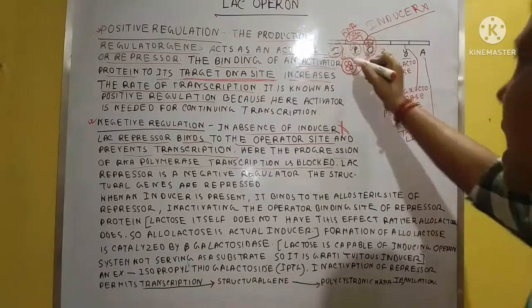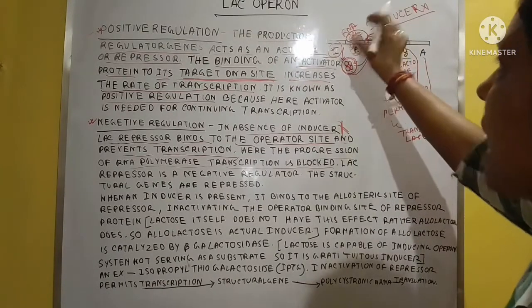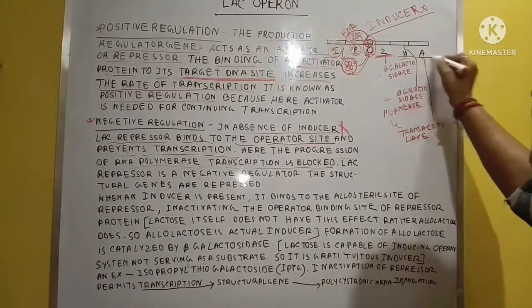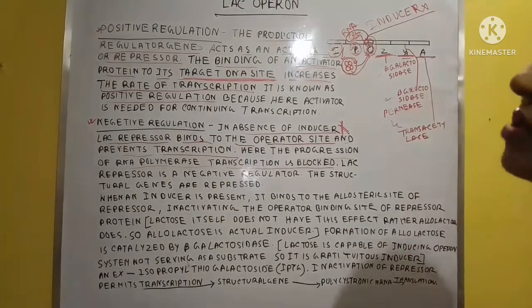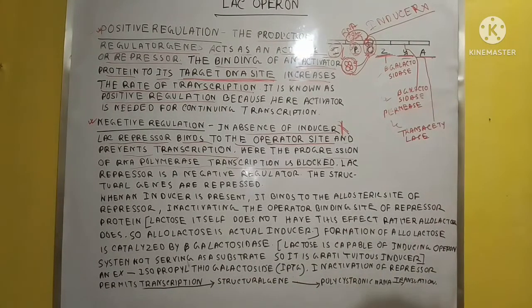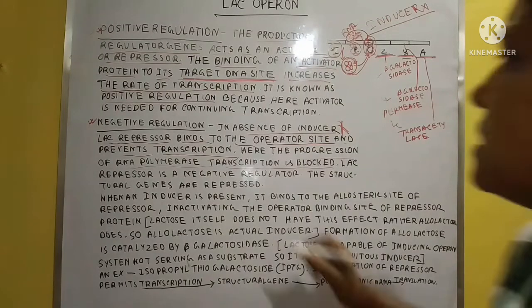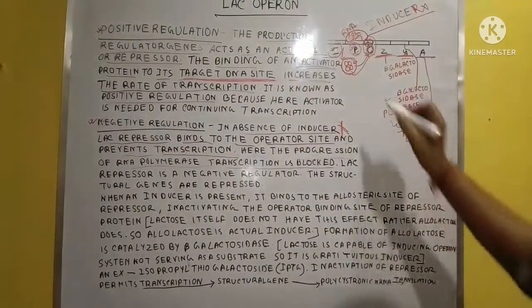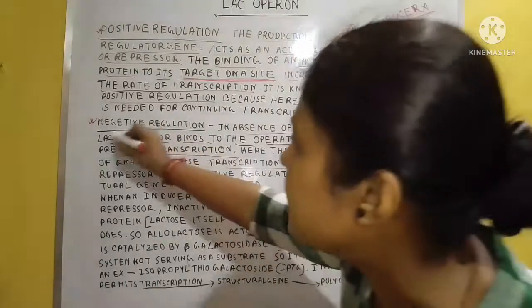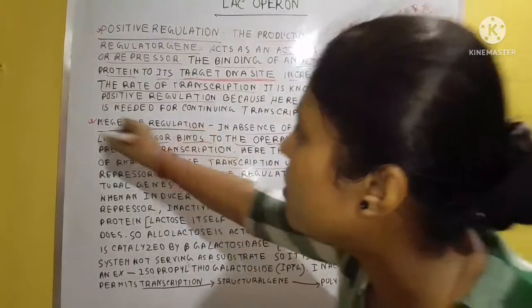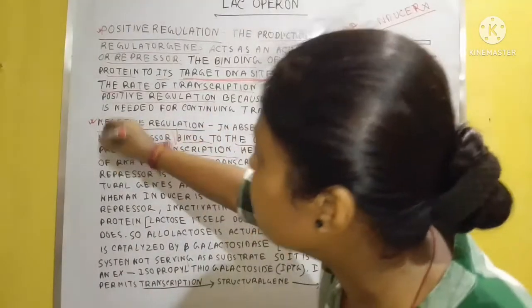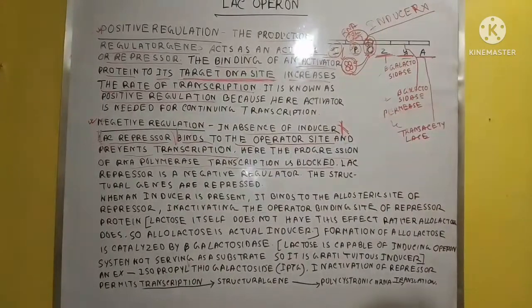And as the progression of the RNA polymerase is blocked, the Z, Y and A structural genes cannot be transcribed, and so translation also stops. So this is called the negative regulation, and the Lac repressor protein is called the negative regulator.